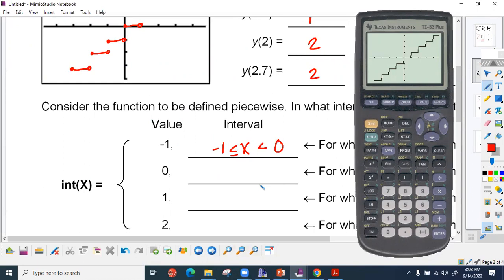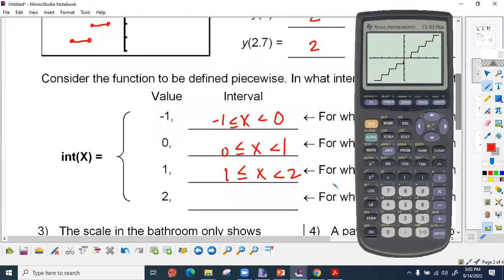What about if I want to get the value of 0? What if I wanted to get 1? Perfect. And then what if I wanted to get 2? And those would be your intervals.